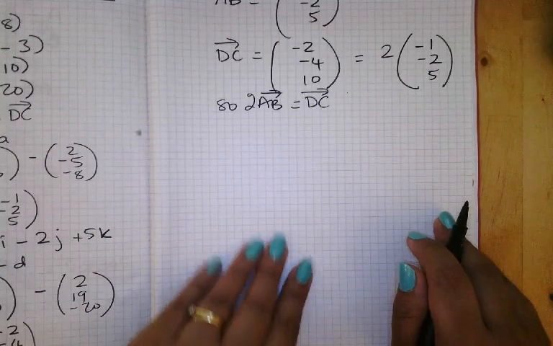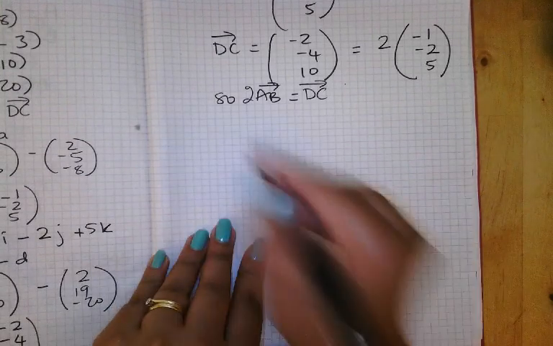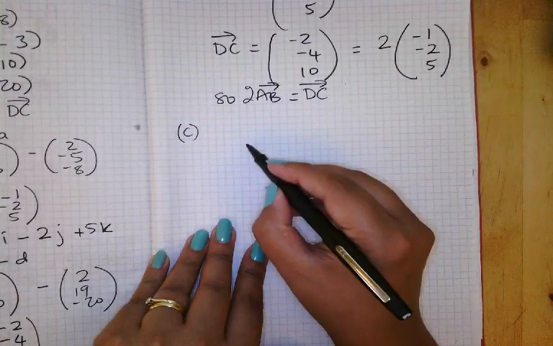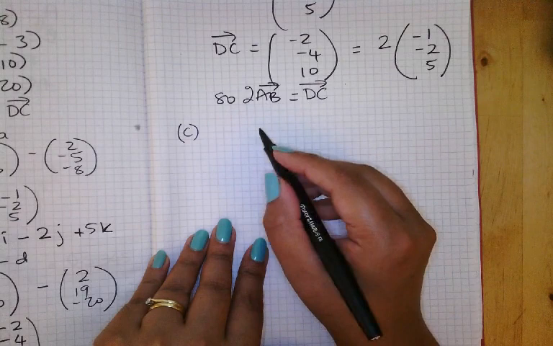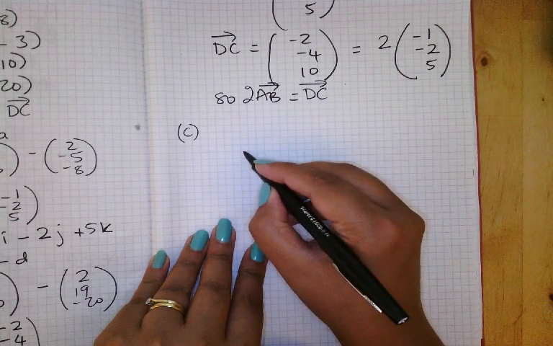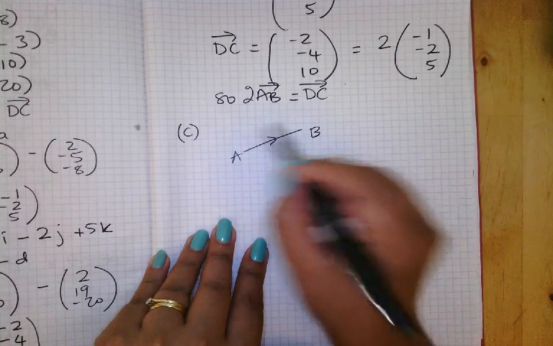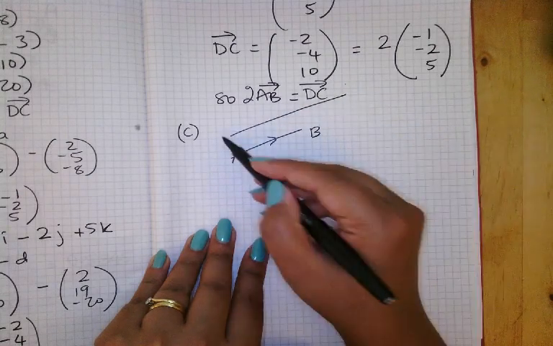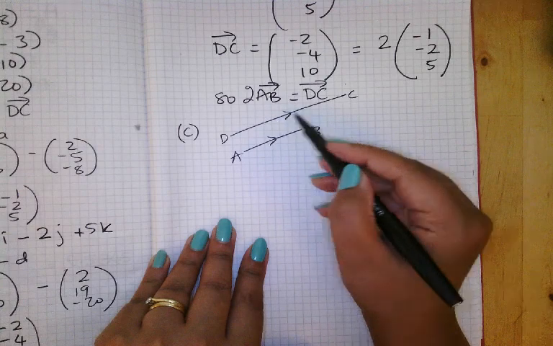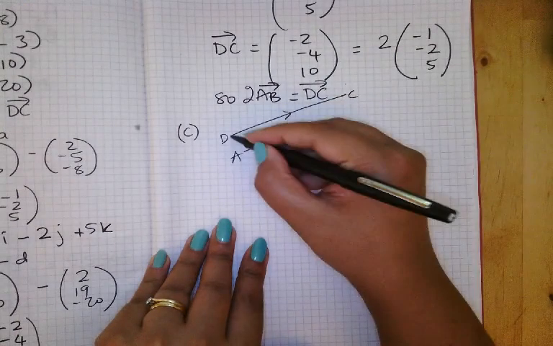Then it says hence describe the quadrilateral ABCD. So if I've got AB vector and I've got DC, which is double its length, and they are both parallel, then I can draw something like this.